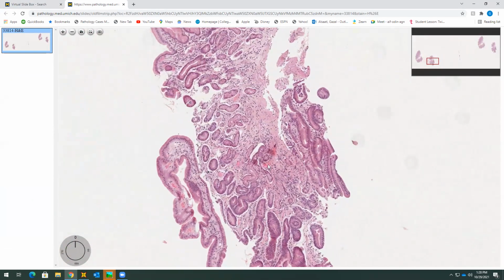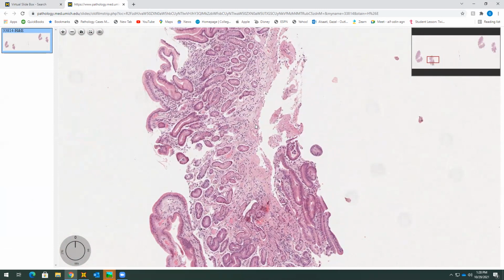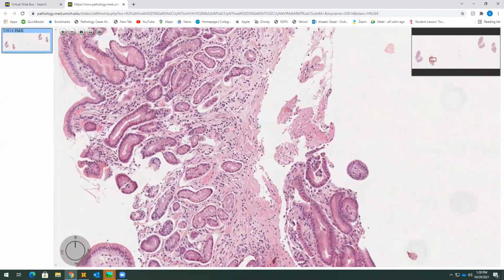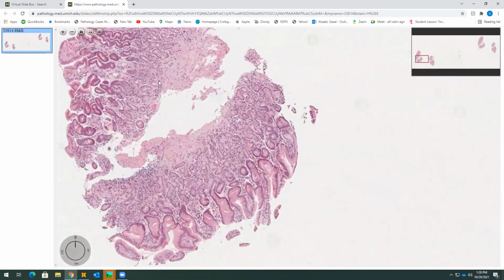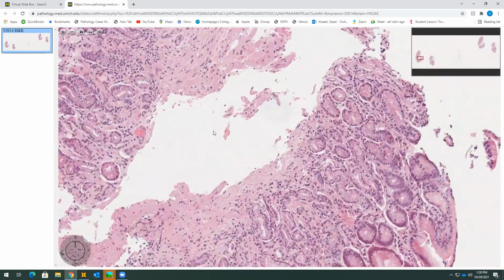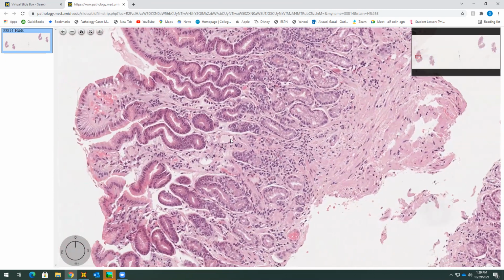One thing is it might be in patients with cirrhosis or portal hypertension, but it's not always the case.